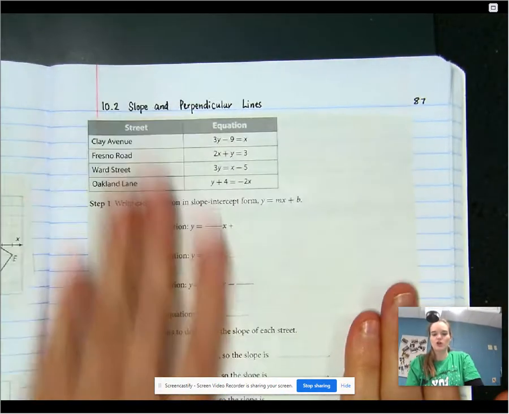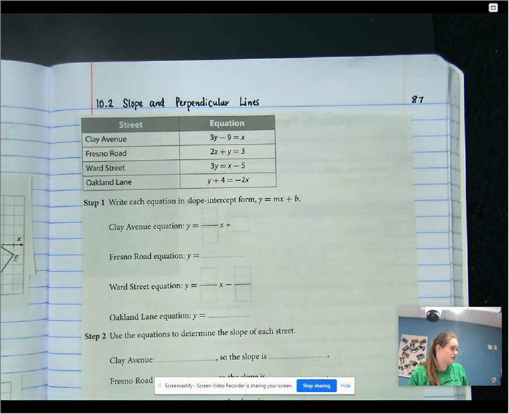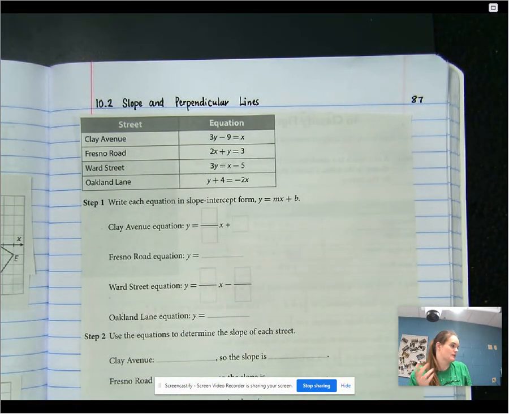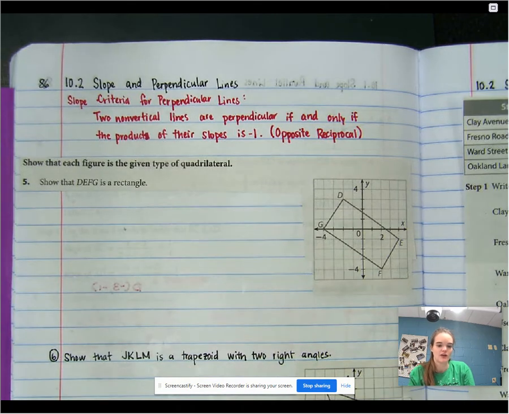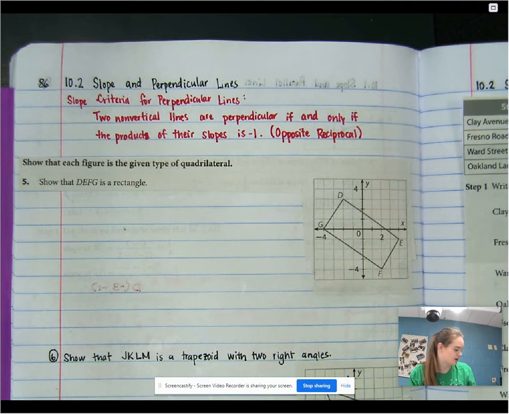Okay, so using slope and perpendicular lines is going to help us to prove things about something with a right angle. Okay, so number 5, show each figure, and 6, this is instructions for 5 and 6, show that each figure is the given type of quadrilateral. So we are supposed to show that DEFG is a rectangle. Now, the definition of a rectangle is that you have 4 right angles. We have to show that we have 4 right angles.